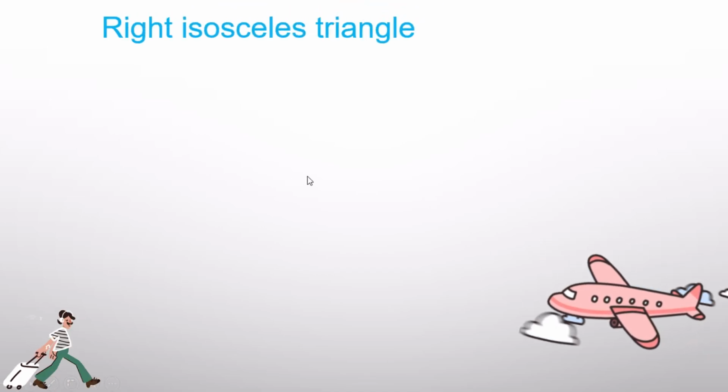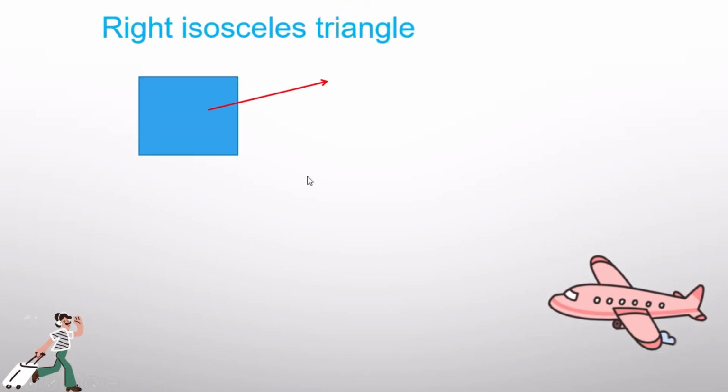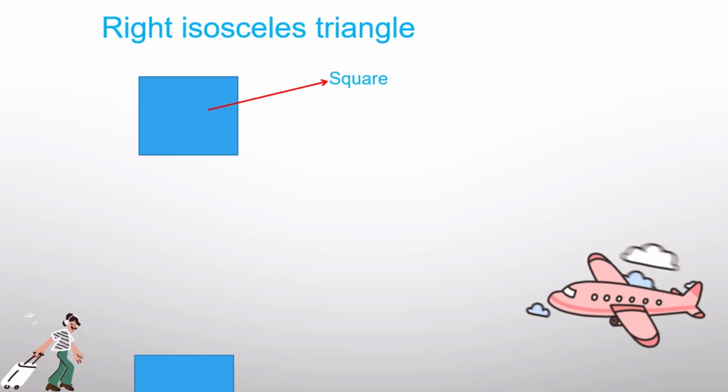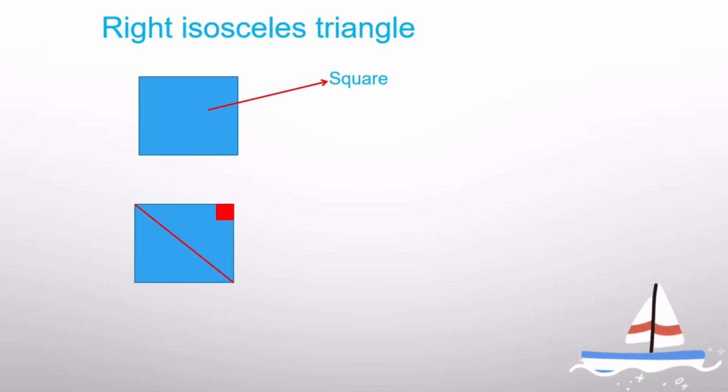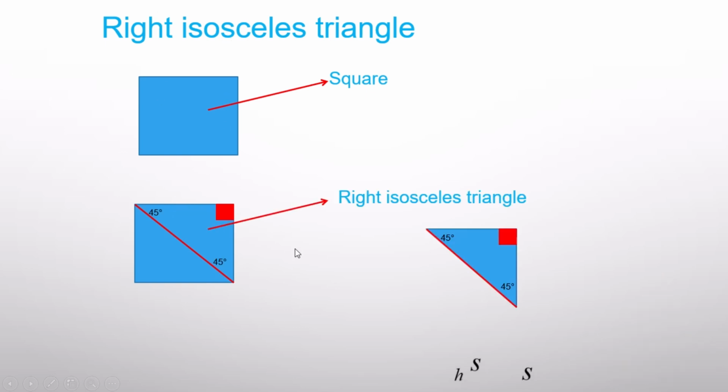Right isosceles triangle: we have a square. We divide the square into two equal parts by a diagonal. We get what? A right isosceles triangle. Then the equal sides are s, s, and here the hypotenuse.